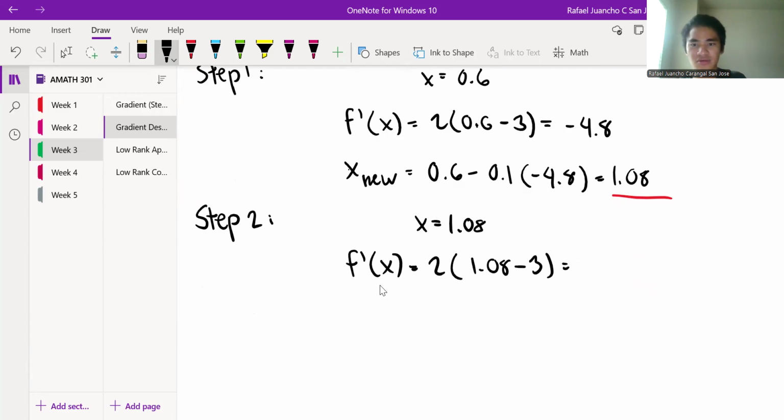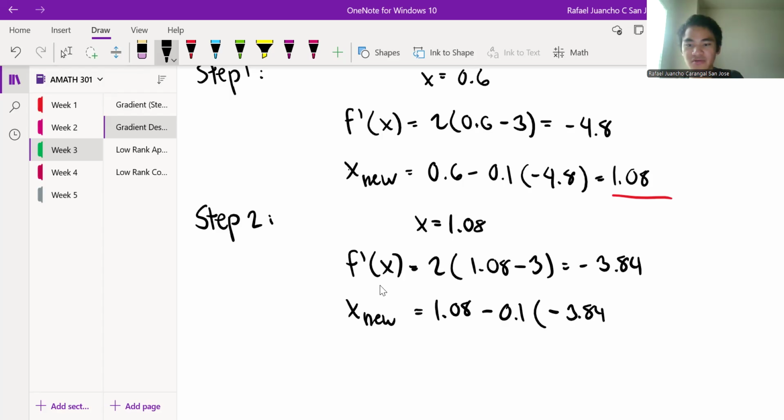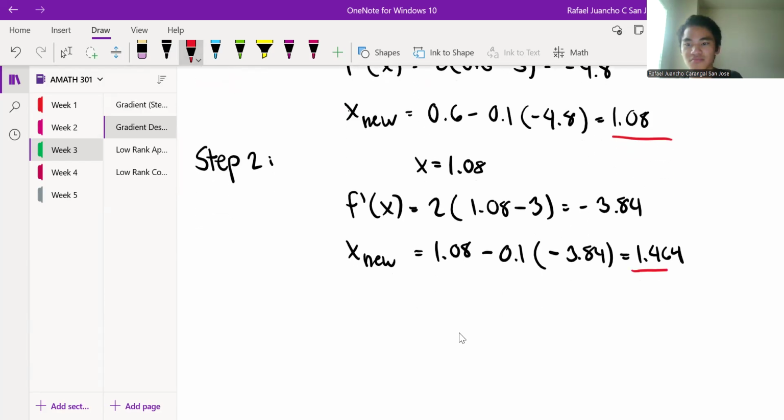This is equal to negative 3.84. And so our new x value, which is 1.08, that's my old, my learning rate minus 0.1, and then my derivative negative 3.84. This is actually equal to 1.464. And so here's the thing. We can already see x is moving towards a minimum, right?